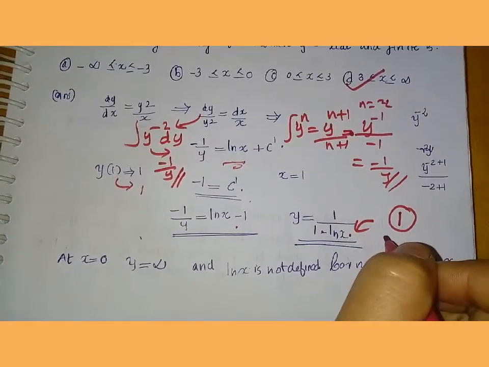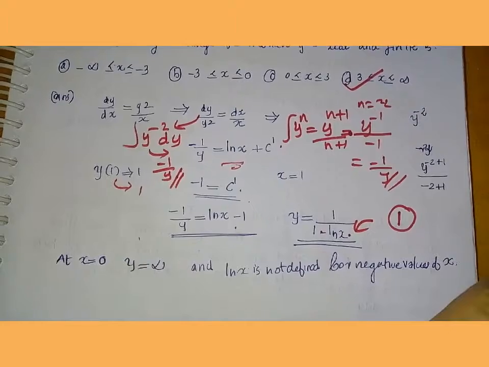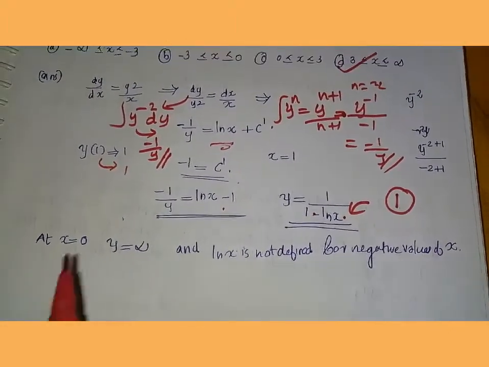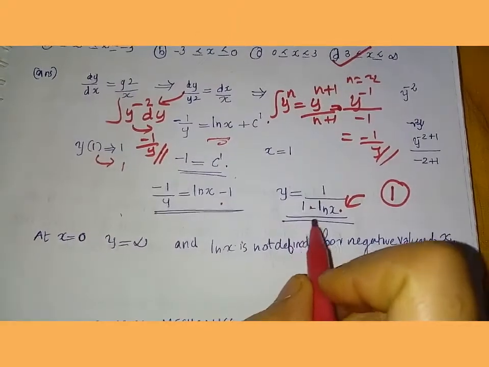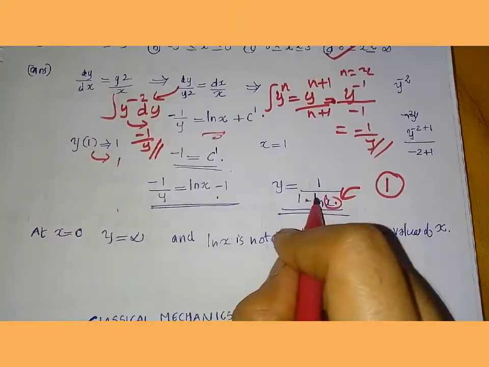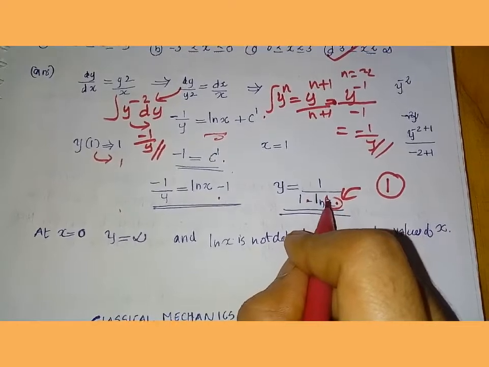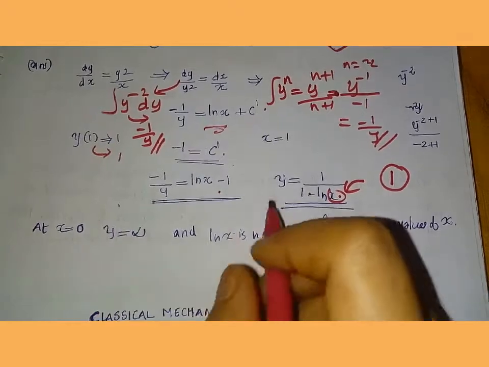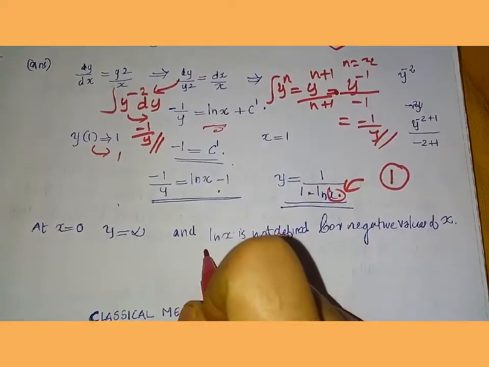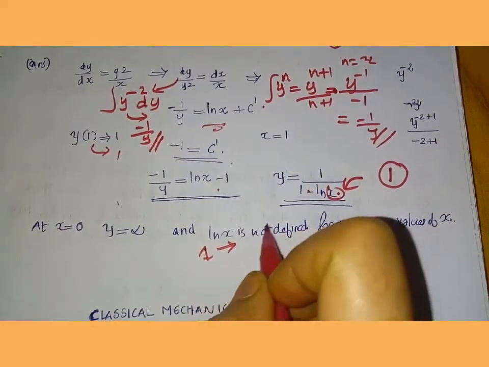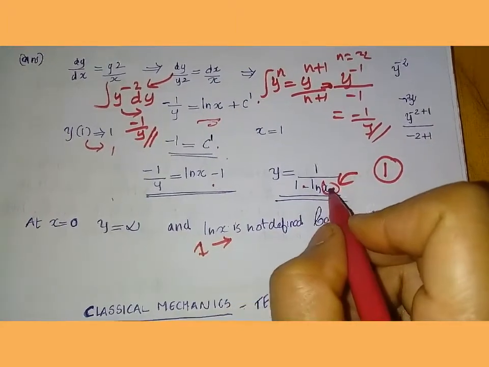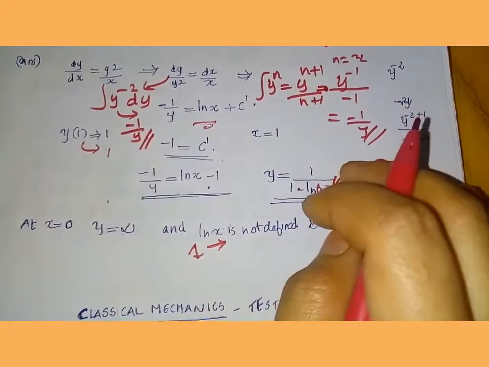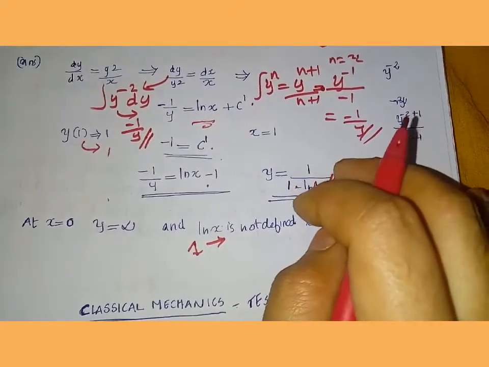So the function is infinite at that point. So the x range is not defined there, and we should find the positive range, because here we get the function as an infinite function.